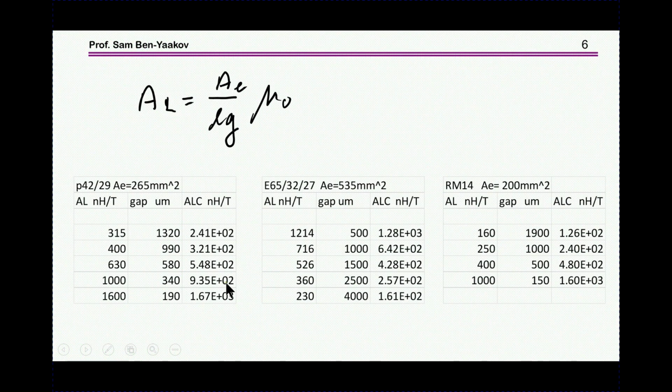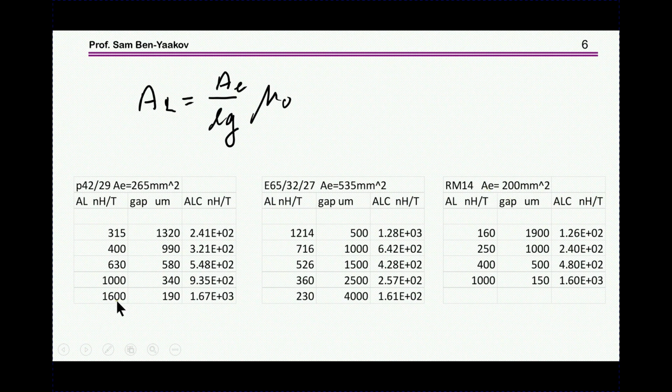So I've done some calculations here for different cores. One is the pot core, 4229. This is the cross-section area. There is another core, E65, with 535. It's a big core. And then a smaller core, RM, another shape, with 200 millimeter square of cross-section area.